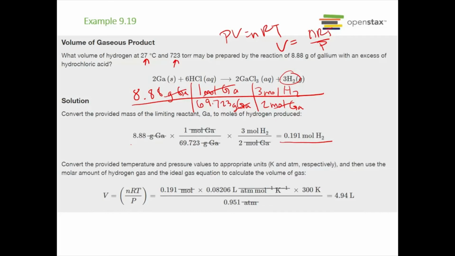So our torr is equal to 0.951 atm, and we changed our Celsius to Kelvin. So we see Kelvin cancels, atm cancels, moles cancel. We're left with liters. We get 4.94 liters. So this is also a really good example of something that might pop up on an exam, using a balanced chemical equation and having to relate it to the ideal gas law.